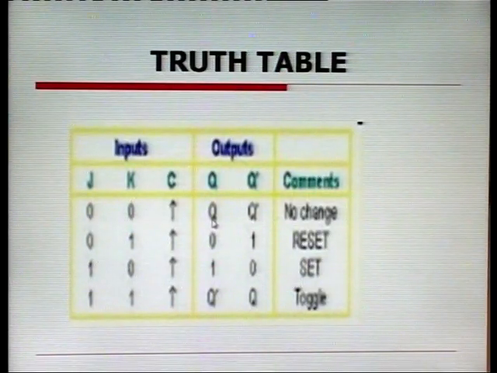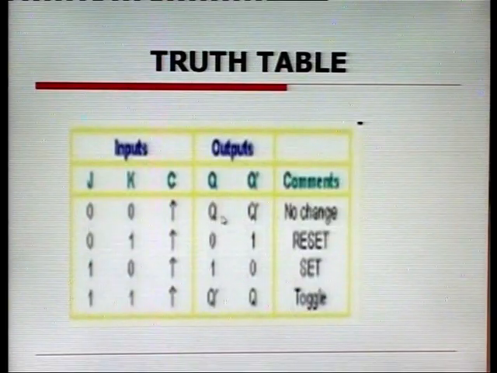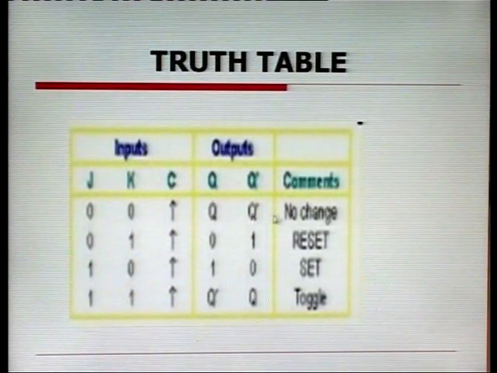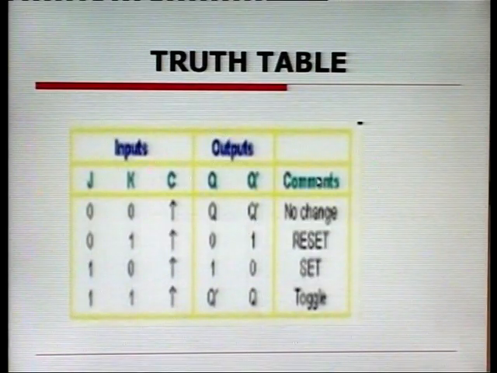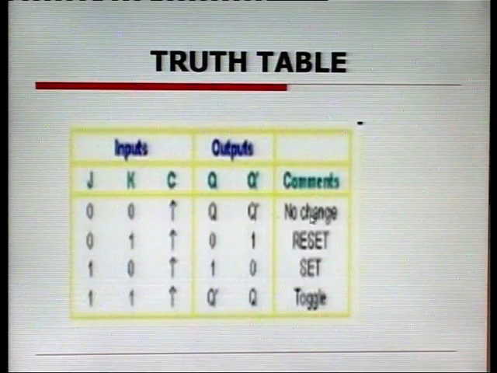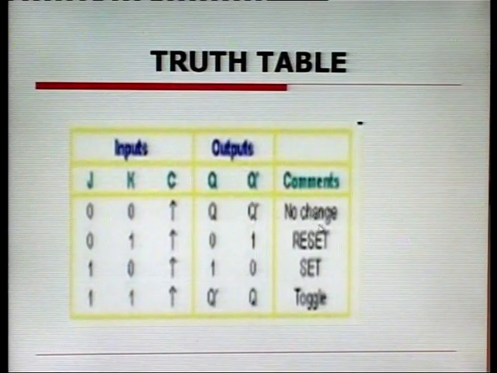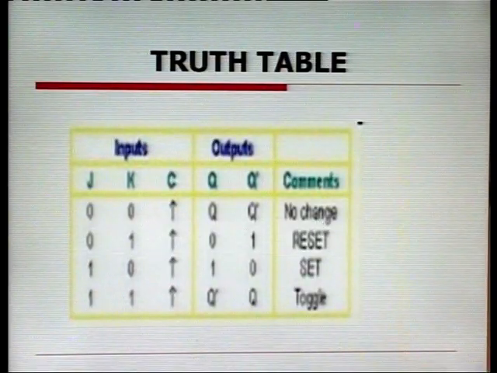If it is reset, it remains reset, and Q bar also remains the same as previously. We can say there is no change in the output of the circuit, that is, it is in the last state.